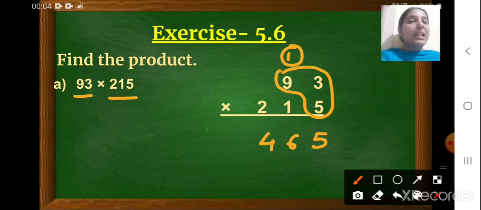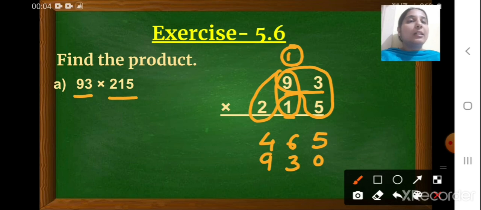Now we will multiply this 93 by the digit at the tens place of the multiplier. For that, first we will write 0 here. Now 3 ones are 3 and 9 ones are 9. That we will write here. Now children, we have to multiply 93 by the digit at the hundreds place of the multiplier.